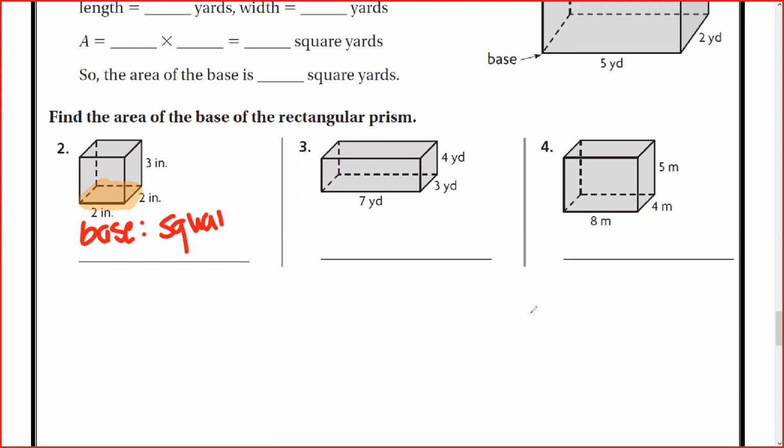Now, what's the area of the base, or what's the area of the square? What is the length here? 2. And the width? 2. So 4 square inches, or inches squared. You can say as you want.